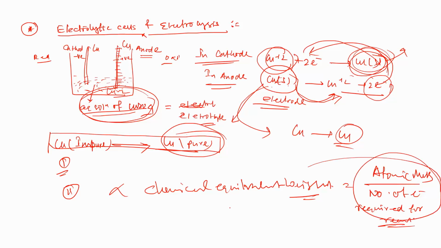So this chemical equivalent weight is proportional to how much product we will get.